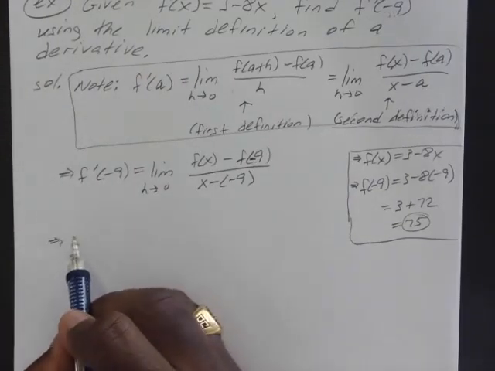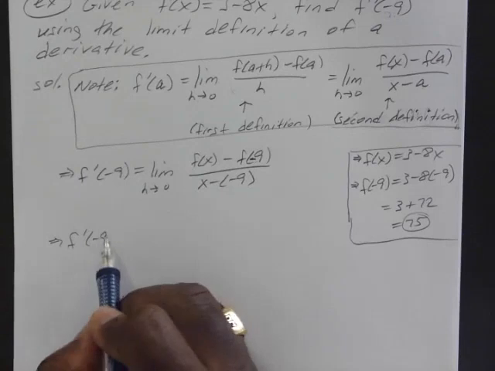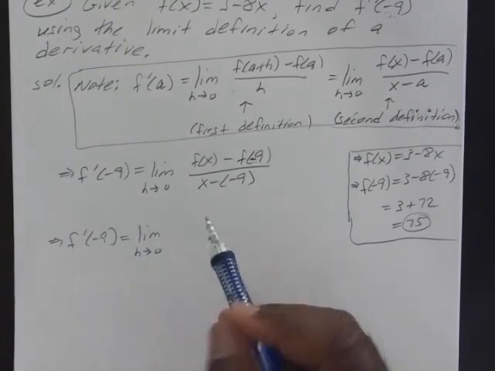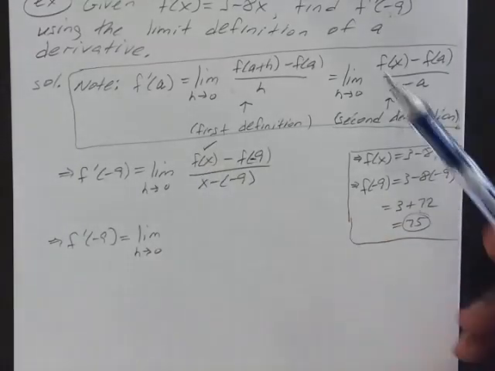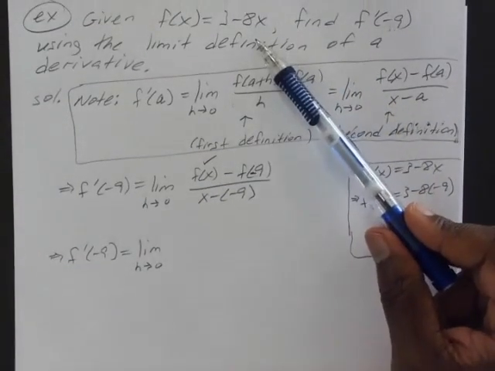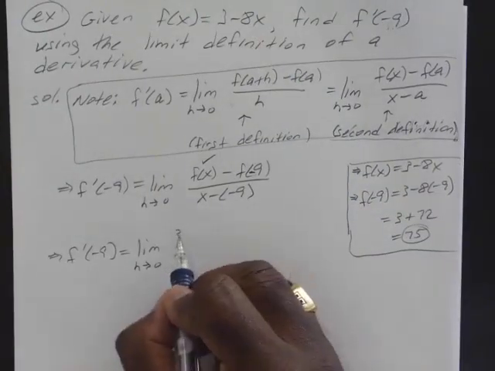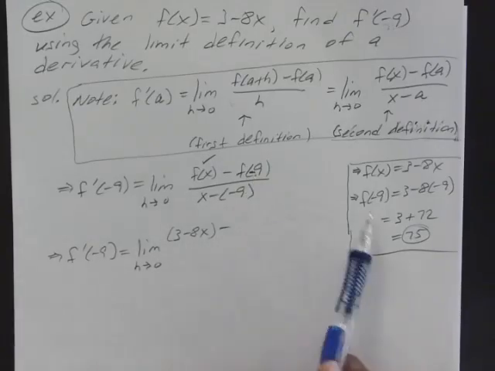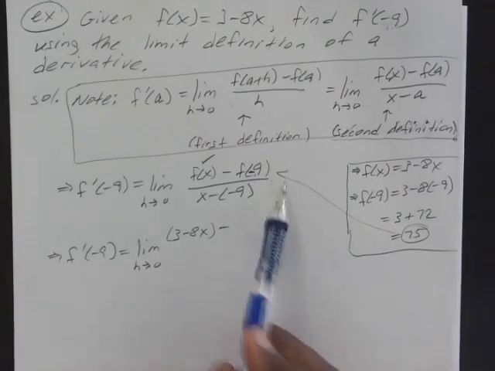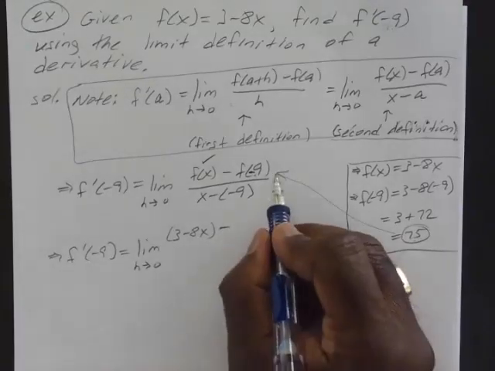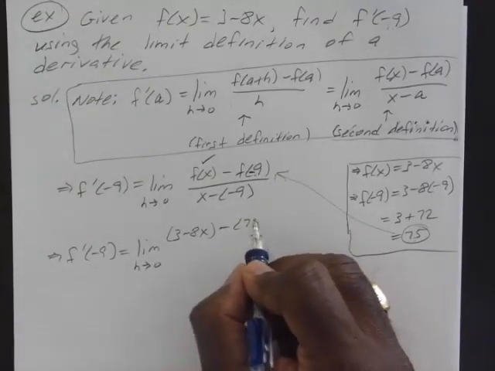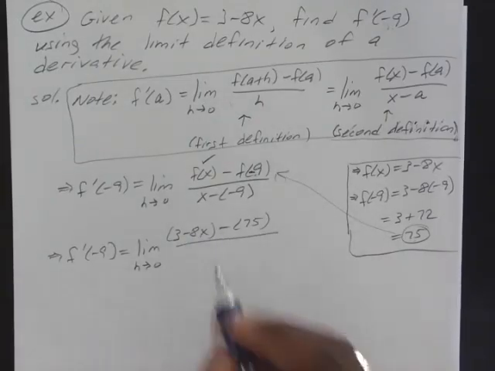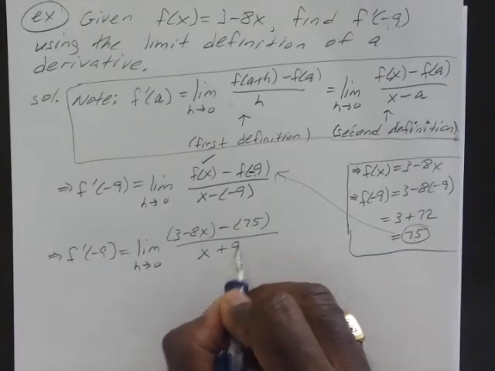So we can rewrite this as f prime of -9 is equal to the limit of f of x, which we already know is 3 minus 8x, minus f of -9, which we know is 75, all divided by x minus -9, which we can just rewrite as x plus 9.